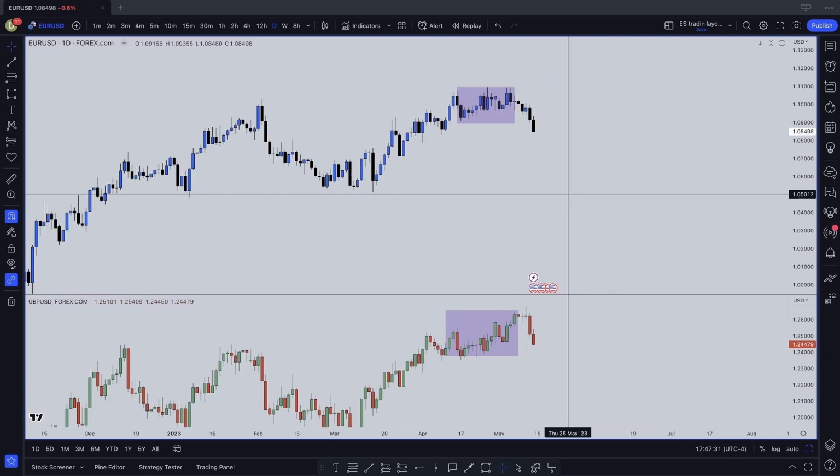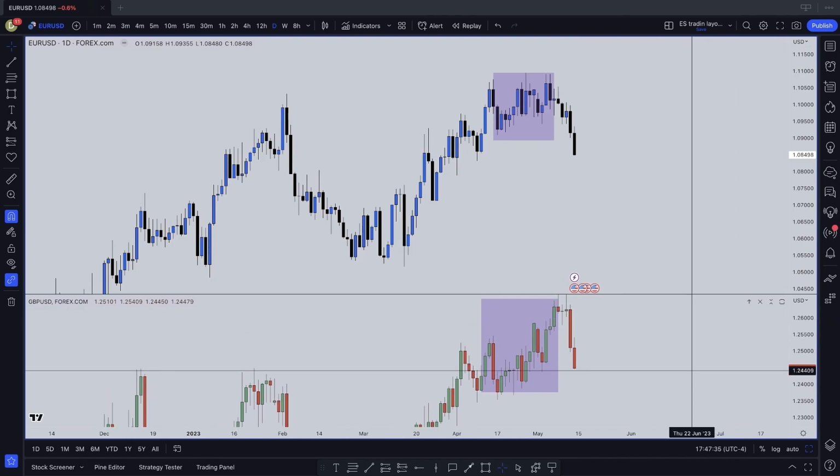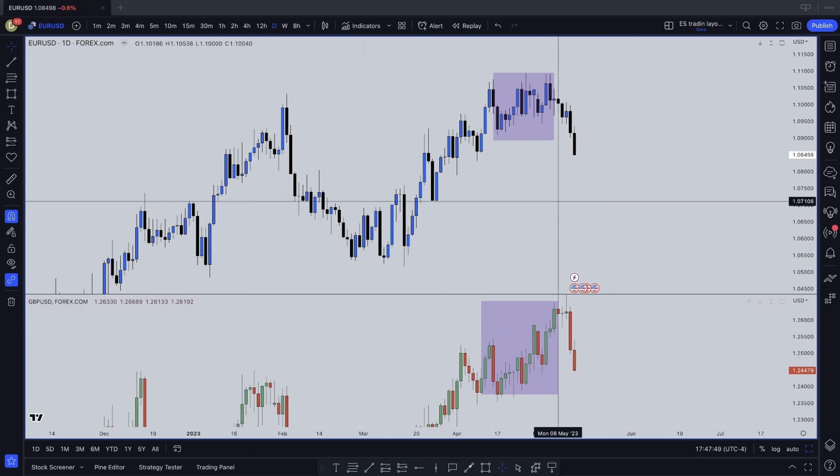Looking at this shaded purple region, we want to determine which currency pair is stronger than the other one. So if we're going to be looking at the cross Euro GBP, we want to look at the Euro USD and GBP USD to determine our bias, as I've said. So we want to look at which currency pair is stronger and which is weaker.